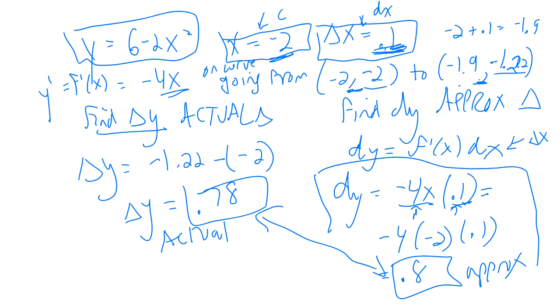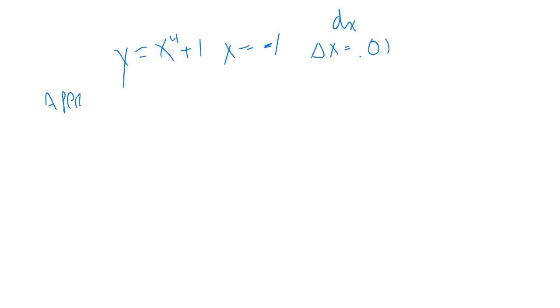I'm going to clear off the page and we'll do one more of these. Okay, here's my function. y equals x to the 4th plus 1, x equals minus 1, delta x equals 0.01. Again, this is our dx. Let's do the approximation first, just so you can see how fast it is.